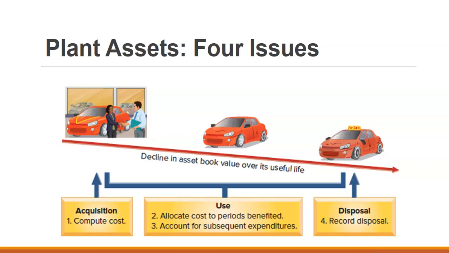So we have the cost at acquisition. That's our historic cost that gets recorded in the books. Then we use it for several periods and allocate the cost of its use over those periods. Then, when it's no longer useful to us, we dispose of it.